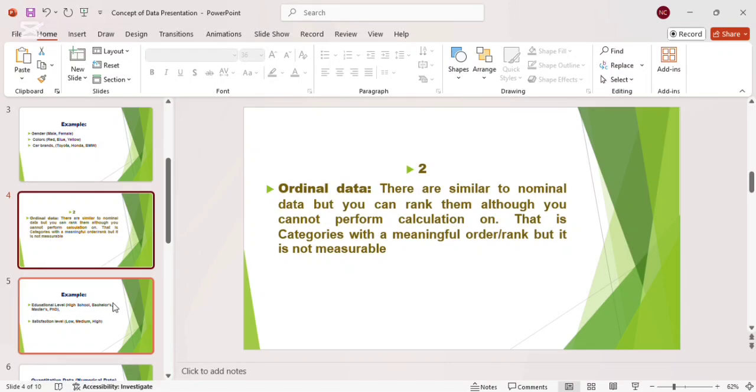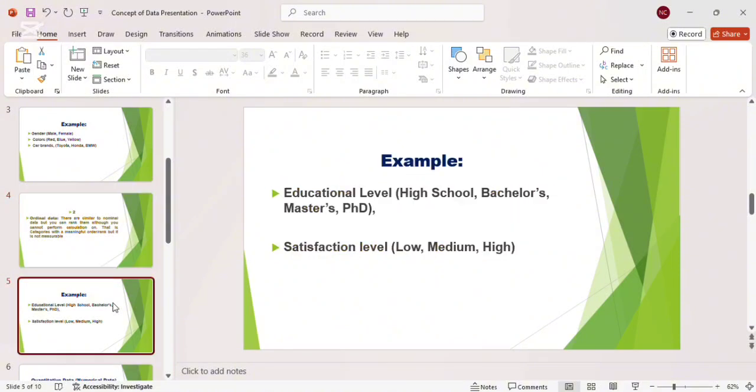Now let's see the examples of ordinal data. We have educational level. Under educational level, we have high school, bachelor's, master's, and PhD. That is to say that after a student has finished high school, he or she moves to university to earn a bachelor's degree, and after that you go ahead to earn a master's degree and PhD.